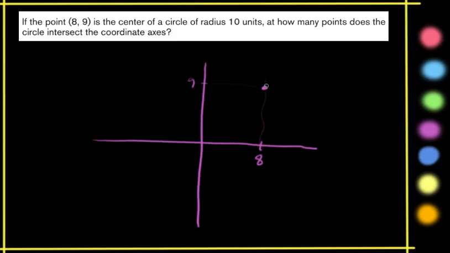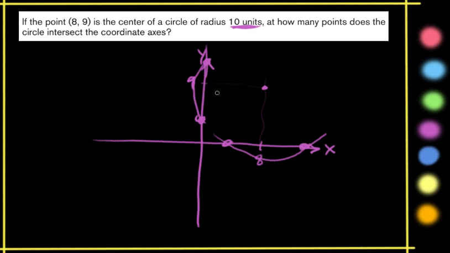So what I think is useful is to think about how many times that circle is going to intersect each axis separately. So how many times is it going to intersect the x-axis? How many times is it going to intersect the y-axis? And because that radius of 10 units is bigger than 8, that means the circle is going to intersect the x-axis twice. And because it's bigger than 9, it's also going to intersect the y-axis twice.